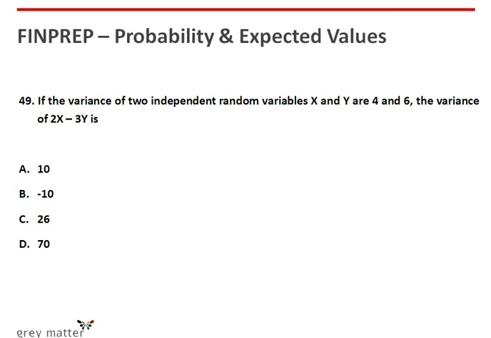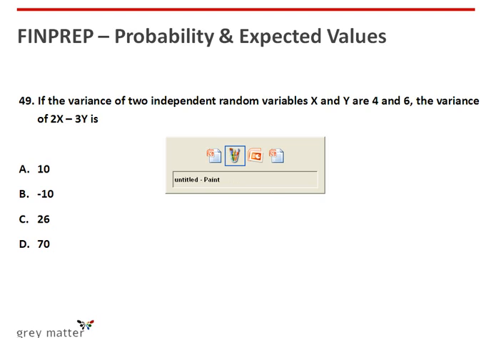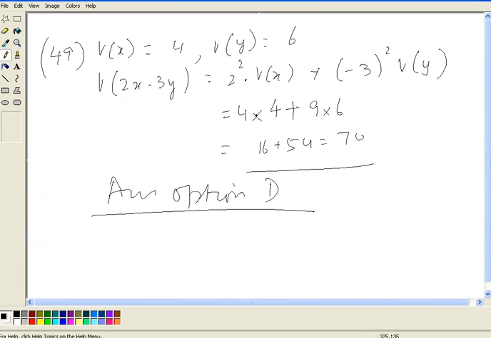49th problem: if the variance of two independent random variables x and y are 4 and 6, find the variance of 2x minus 3y. Using the concept that variance of ax plus by is equal to a squared variance of x plus b squared variance of y, we have variance of 2x minus 3y would be 2 squared into variance of x plus minus 3 whole squared into variance of y.